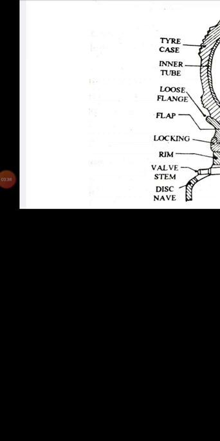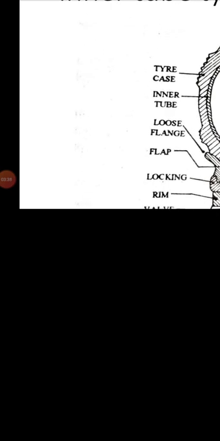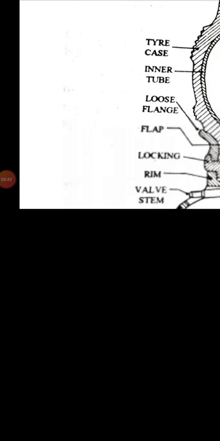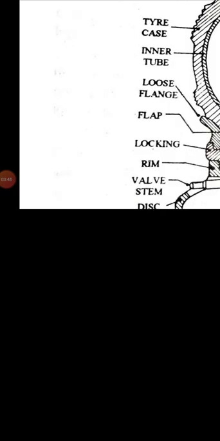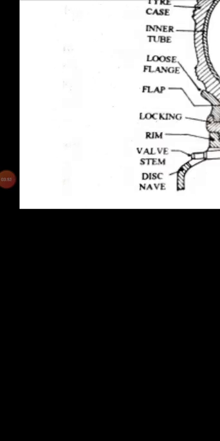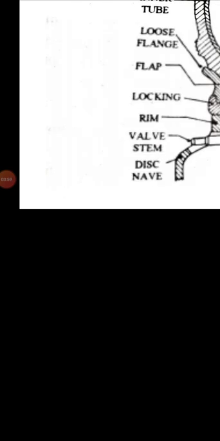From this figure you can see the tire case, the tube location or inner tube, the loose flange, and the flap, with a locking device also there. This is the rim that we discussed in our previous classes.